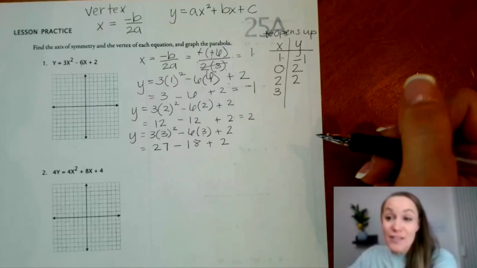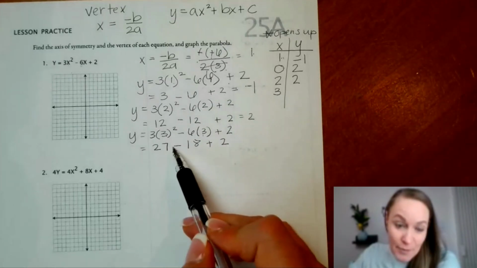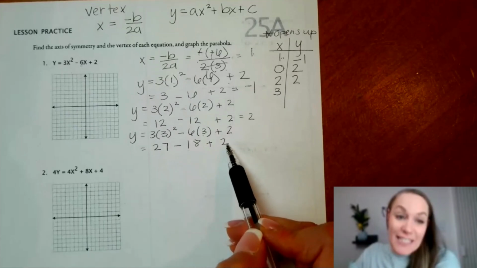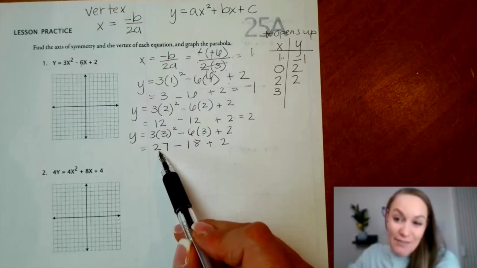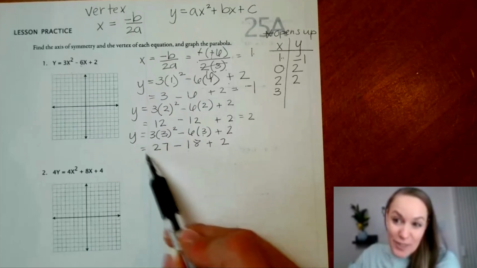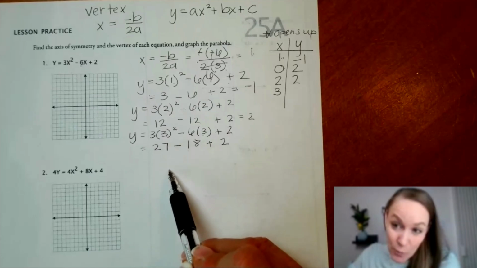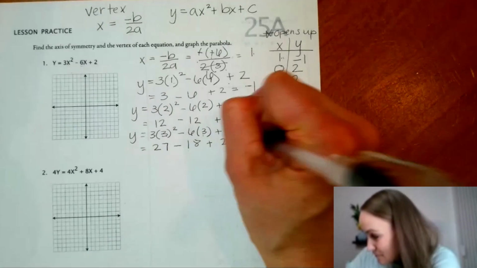I'm going to make the math a little bit easier in my head. I could just go left to right, but I'm going to take -18 and add 2. That'll give me -16. Now it's easier for my brain to subtract 16 from 27. So 27 minus 16 gives me 11. So that's not too bad.